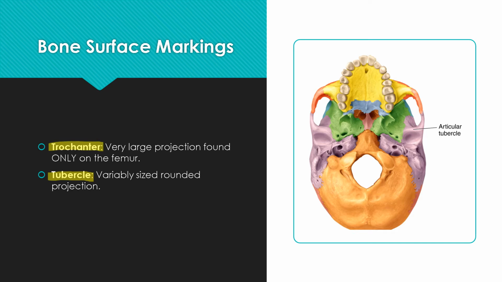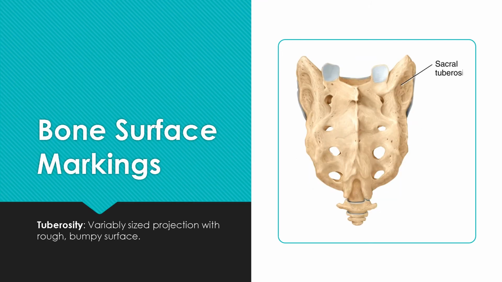So here on the skull we can see an articular tubercle. And then lastly is a tuberosity. This is a variably sized projection with a rough and bumpy surface. These are usually going to be attachment points for muscles. So here on the sacrum again, we can see the sacral tuberosity.